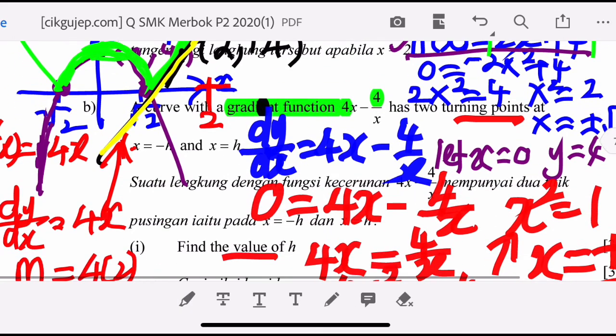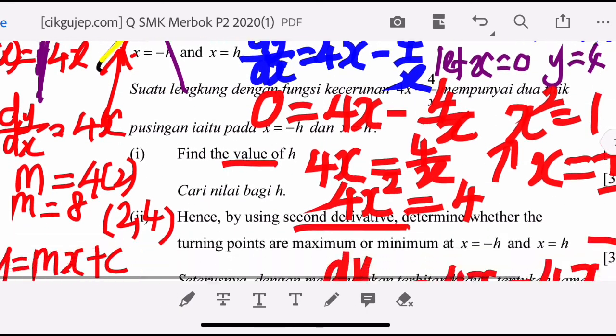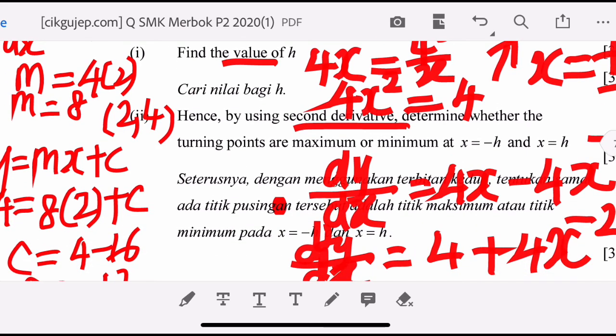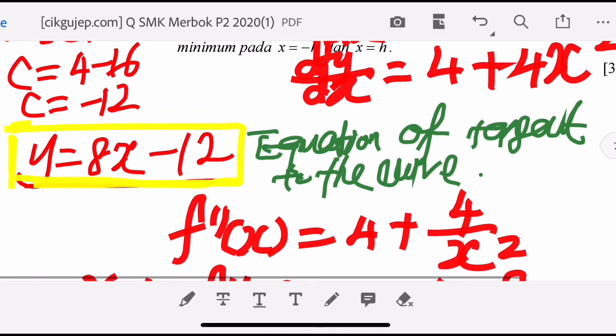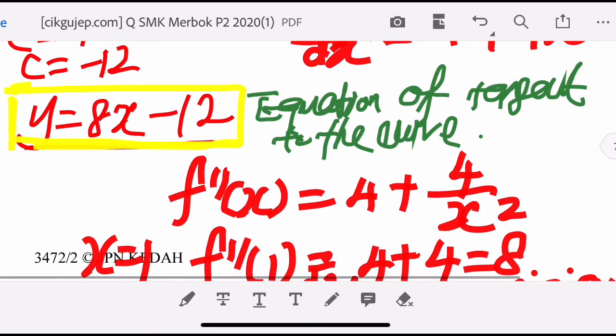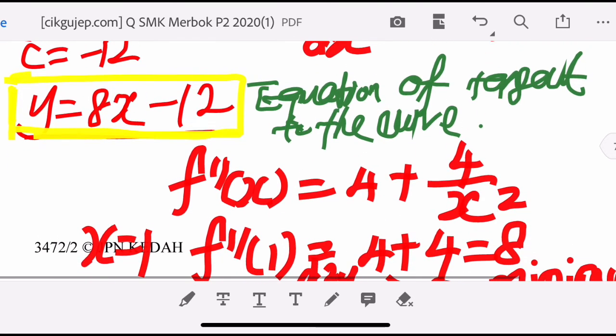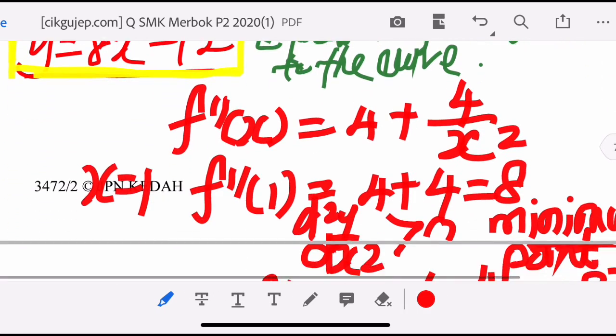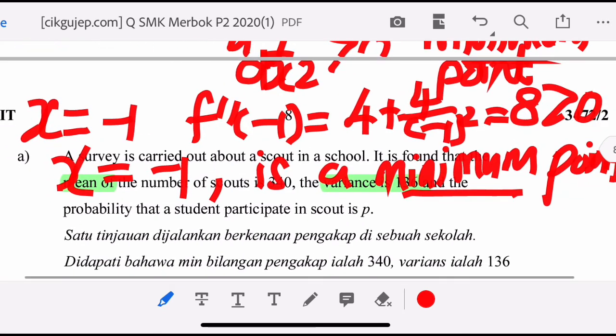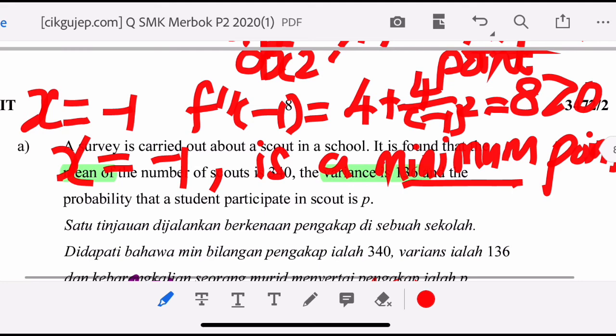And then you have to be very careful when you do differentiation, and you must memorize the fact that if you do second derivative, if it is positive, then it is a minimum point, negative will be a maximum point. And also you must know how to find the equation of tangent. So that's all my sharing for question number 7, which is quite tough. So I take time to explain to you until you understand thoroughly.